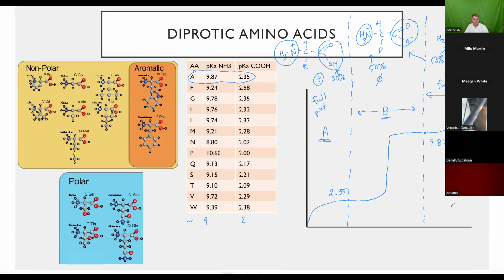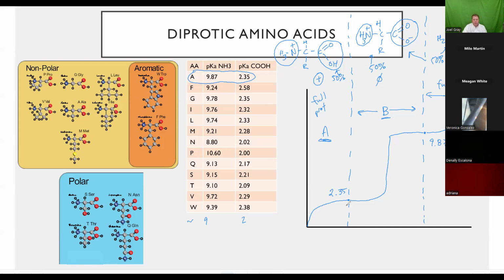If my pH is 9.87, I've got 50% that looks like B and 50% looks like C. So, Morgan, perfect, you're absolutely right. 0% of my molecule effectively looks like molecule A. Great job. Okay, now this is basically a diprotic amino acid or a diprotic acid.